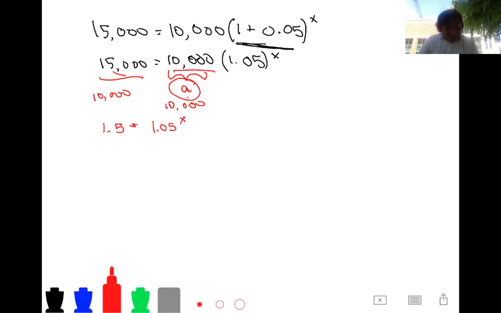In its logarithmic form, this becomes logarithm, the base is 1.05 and the power is 1.5. So this should give us x. All right.